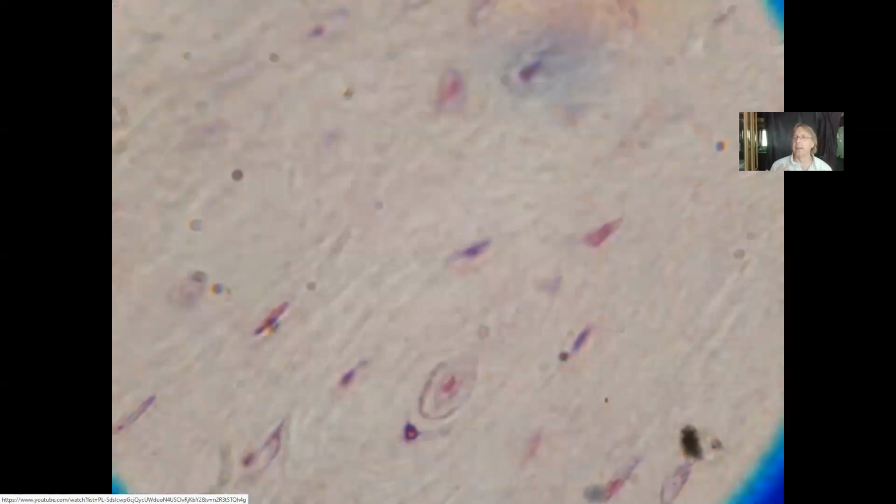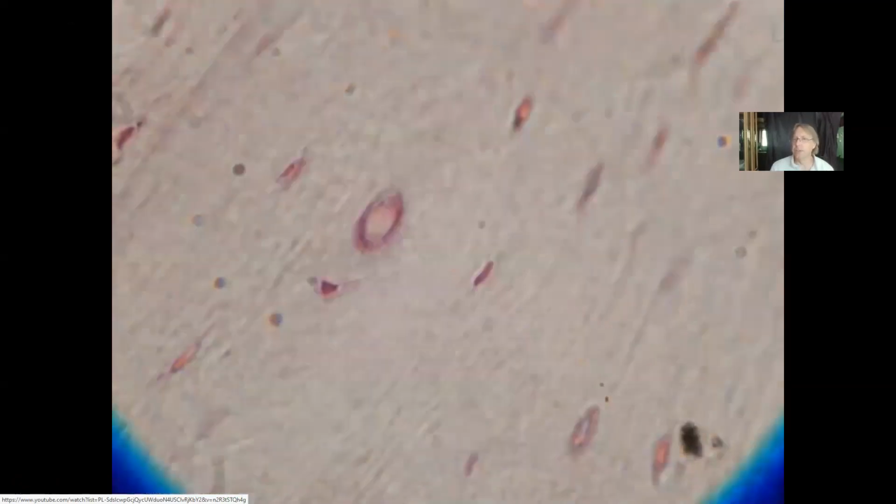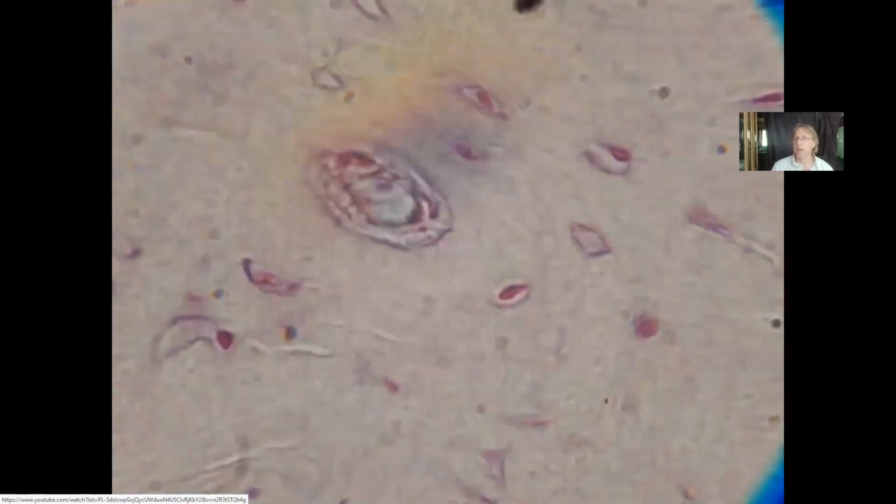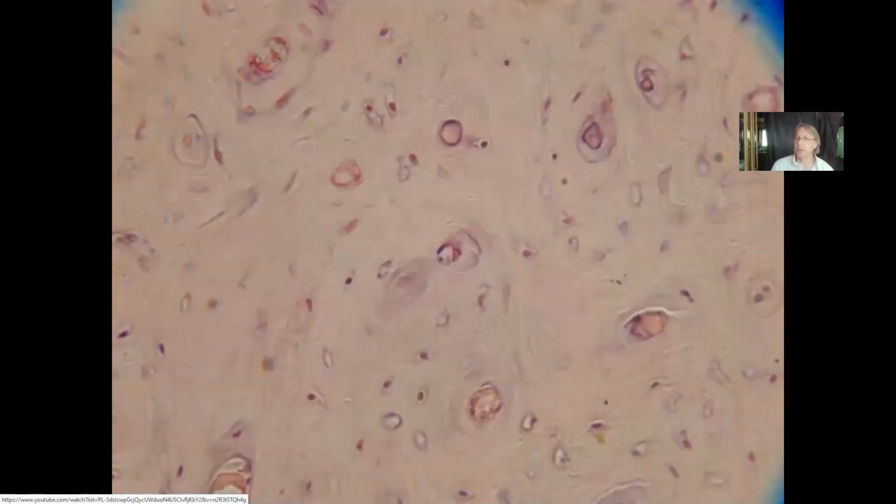So bone is a connective tissue, and collagen, the most abundant protein in the body, makes up the extracellular protein fibers in bone. If your skeleton was just made out of collagen, it would be too flexible. If it was just made out of calcium salts, it would be too brittle.